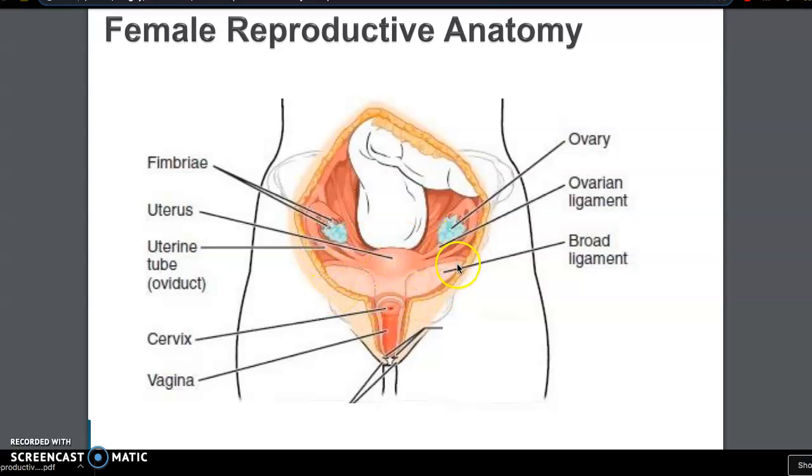And then here are the ovaries. They're the gonads in the pelvic cavity, supported by a mesovarium, an extension of the peritoneum that connects the ovaries to the broad ligament. The ovaries are female gonads and secrete female sex hormones such as estrogen and progesterone.